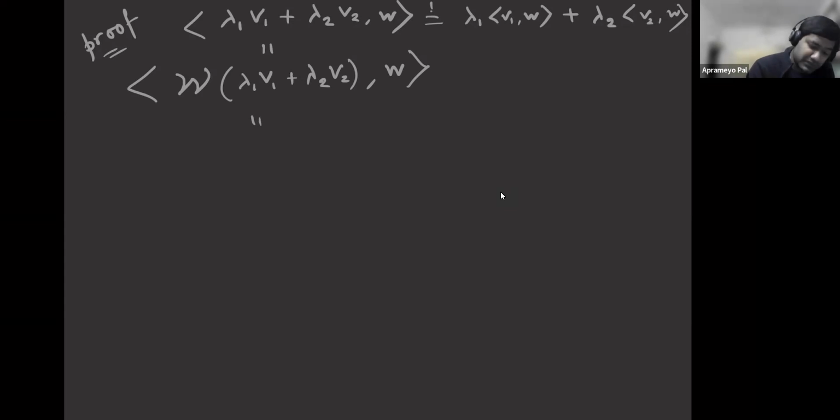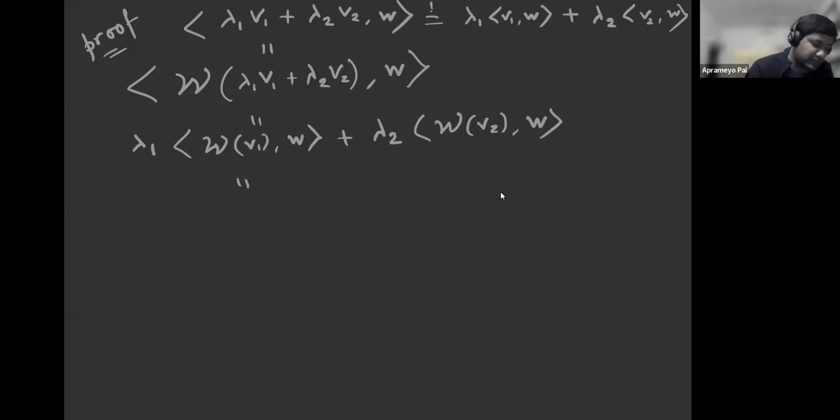This becomes lambda 1 W v1 with W plus lambda 2 W v2 with W. Then you use the bilinearity of the inner product, and the linearity of W. So it's just a matter of checking, and we are done essentially.